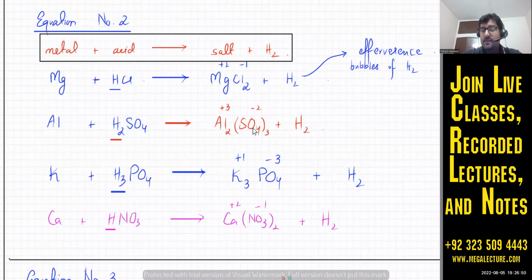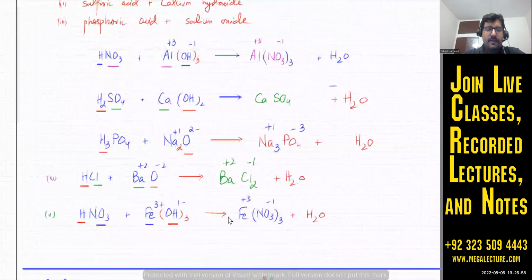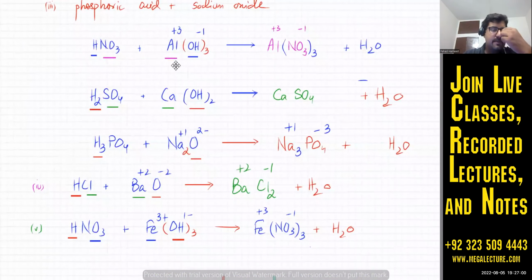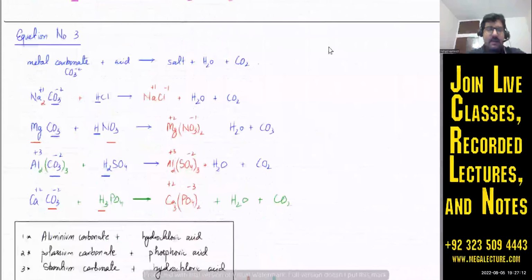You just do crisscross and you figure out the formula of aluminium sulfate. And the one before that was also a similar reaction, oxide or hydroxide with an acid. HOH, they change into water, and Al and NO3 are left, that's your salt. Okay, so we're done with 4 reactions now.